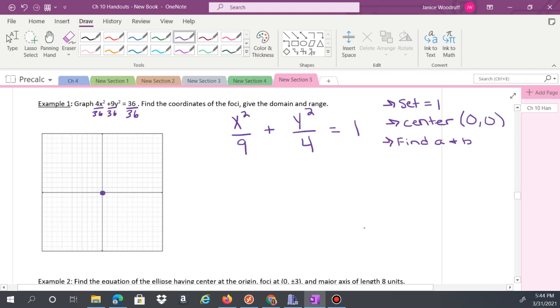Okay, so A is going to be which one here? 9. Why? It's bigger, yeah, and it's under the x. Okay, so A is bigger than B, so 9 is going to be A squared, which means A is 3.